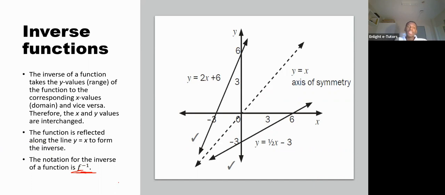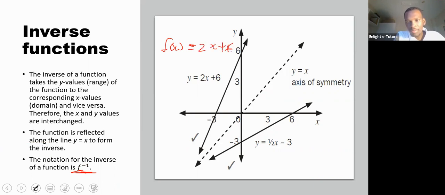That means that if, let's just say, this one was f(x) is equal to 2x plus 6, sorry for the handwriting, this one will be f^-1(x) is equal to half x minus 3. Don't write it like this.